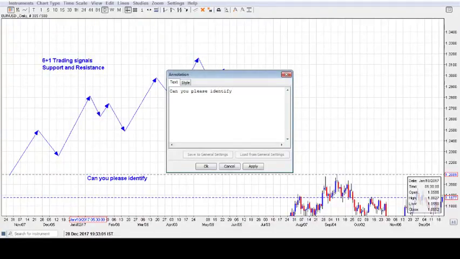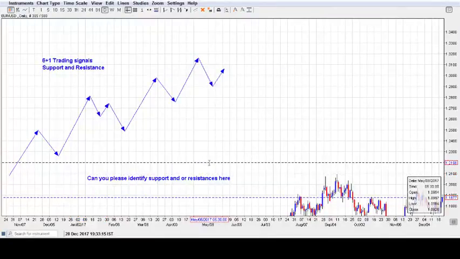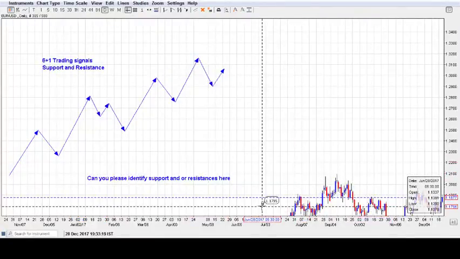In this session, can you please identify support and or resistances here? And then after this quick revision, I would like to do three case studies, three charts on a daily chart. We want to do three instruments where we will want to identify clearly the supports and resistances.